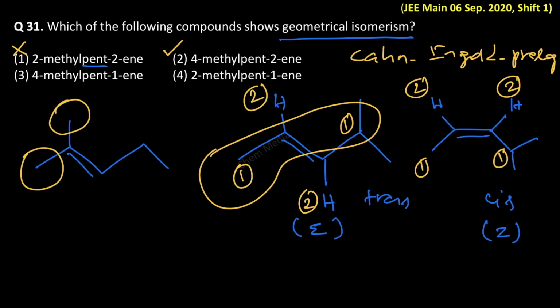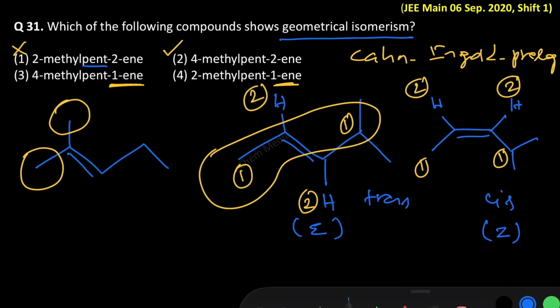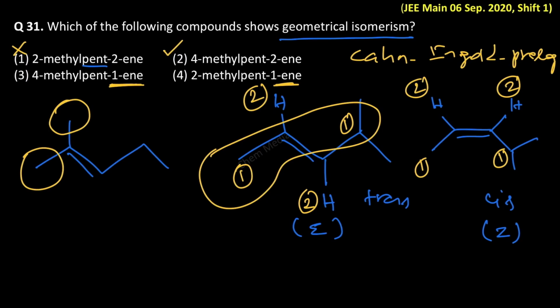In the case of 3 and 4, we have terminal alkenes. Pent-1-ene, we will have 2 hydrogen atoms on one side of the double bond, isn't it? So let me just write down the structures. 1, 2, 3, 4, 5: pent-1-ene, 4-methyl pent-1-ene.